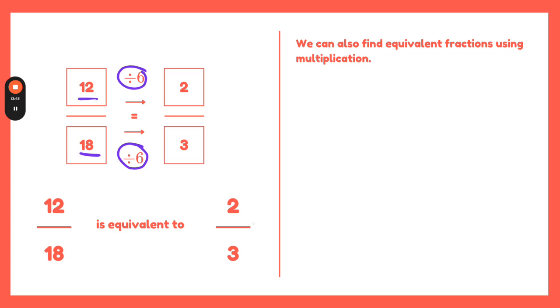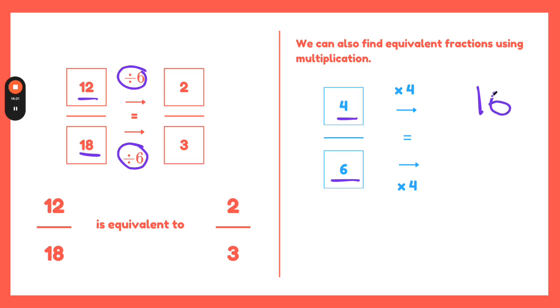And we can also find equivalent fractions using multiplication. So let's say we had 4 over 6, and we wanted to find another equivalent fraction by multiplying both the numerator and denominator by 4. So we will do 4 times 4, which is 16, and 6 times 4, which is 24.